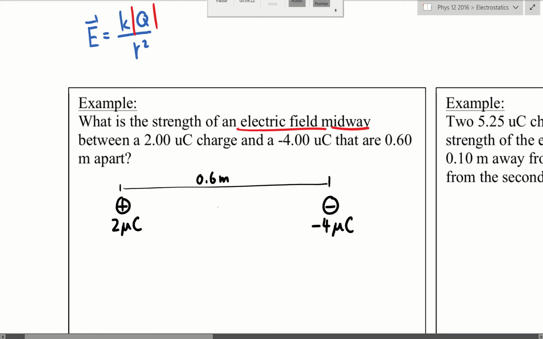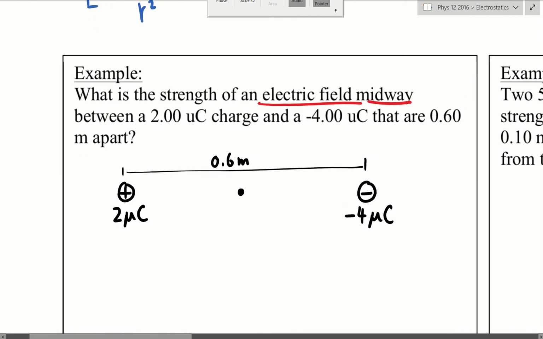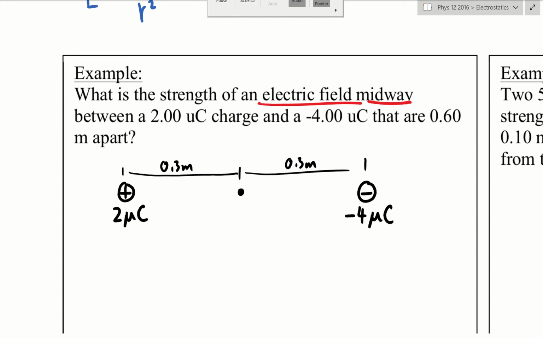So midway is in the middle, so that's 0.3 away from the left, 0.3 away from the right. So we don't leave that 0.6, let's say 0.3, 0.3, right in the middle. Okay, there we go. Now, what is the electric field at that point?